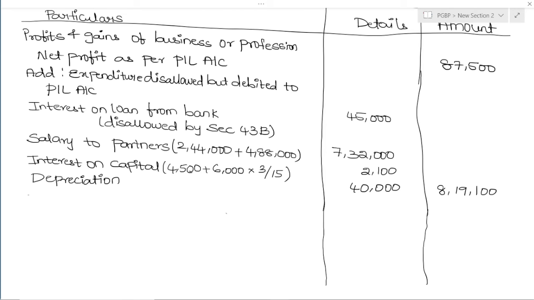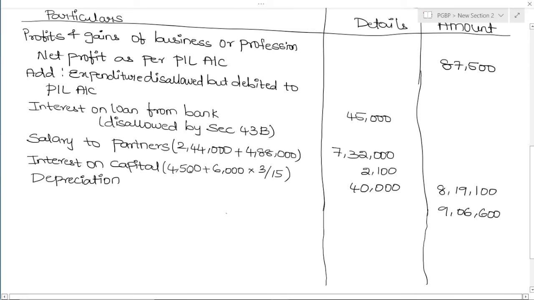So when we add these two, we get 9 lakhs 6,600. Net profit plus 8 lakhs 19,100 total comes to 9 lakhs 6,600.